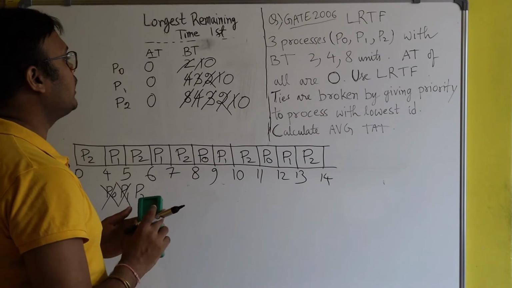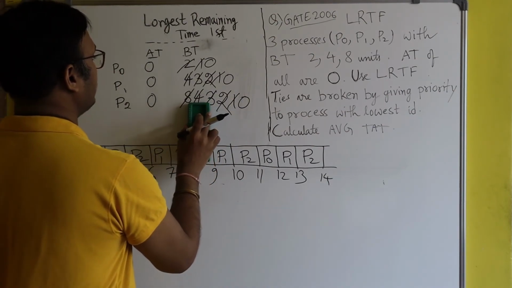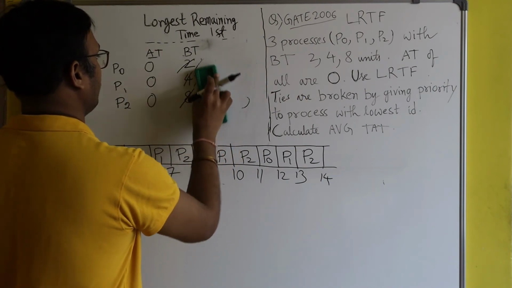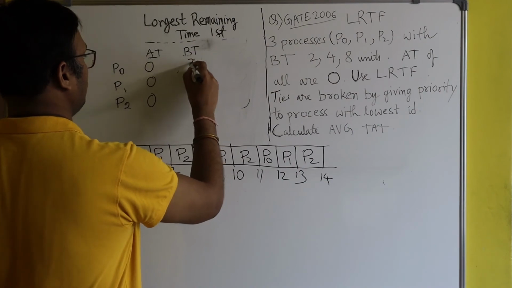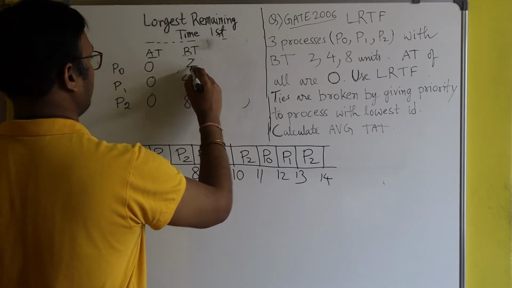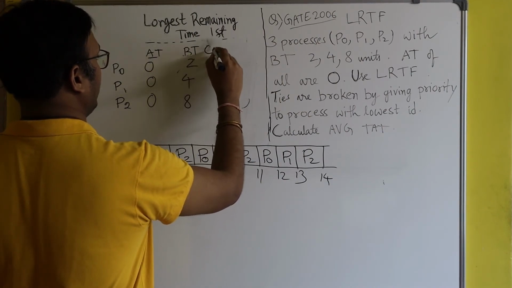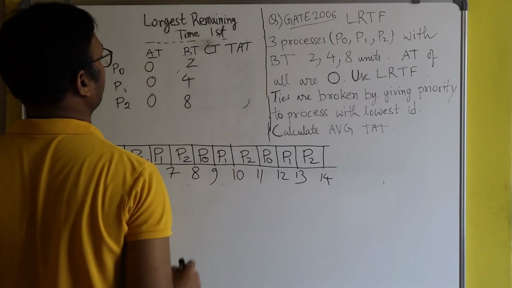So let's calculate the turnaround time of each process. Here the burst times were 2, 4 and 8. Let's write the completion time first, and after that I will write the turnaround time.